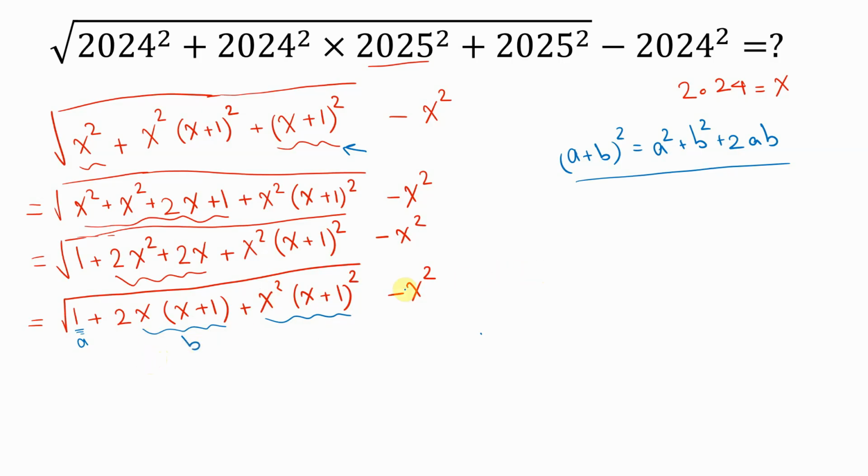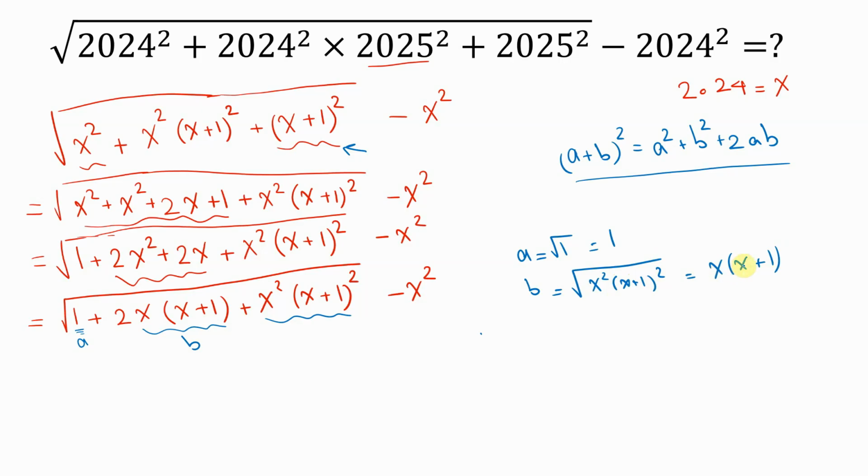You see, we have a equal to the square root of 1, which is 1, and b equal to the square root of x squared times x plus 1 squared, which is equal to x times x plus 1. And why didn't I use the absolute value?